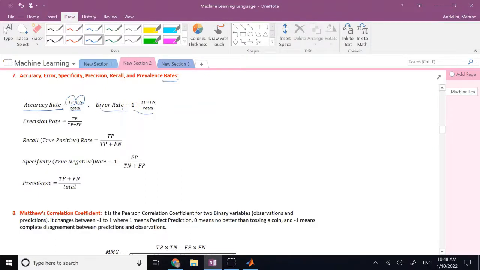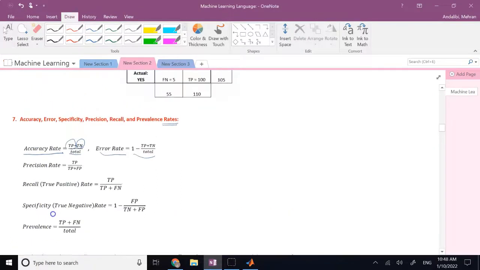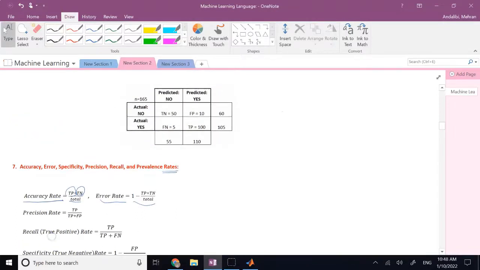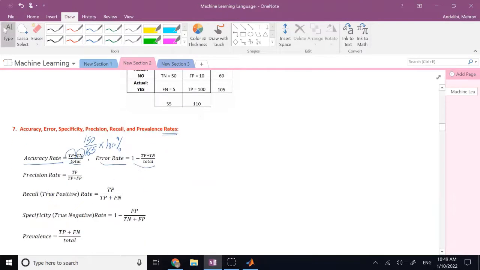This is the simplest method for finding the accuracy. So in here, I have 150 out of 165 that I could detect correctly. So this times 100% is my accuracy rate, right? Or 1 minus that in percent is the error rate.